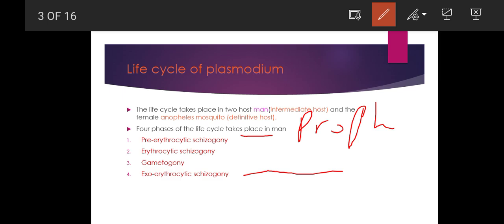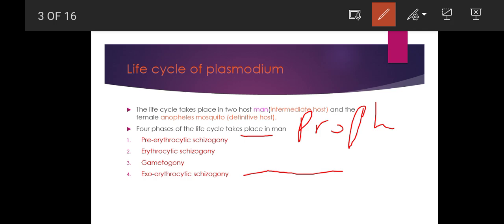Prophylaxis will be responsible for preventing the sporozoite from converting to merozoite in the liver, hence preventing the appearance of clinical features, the onset of the erythrocytic phase.